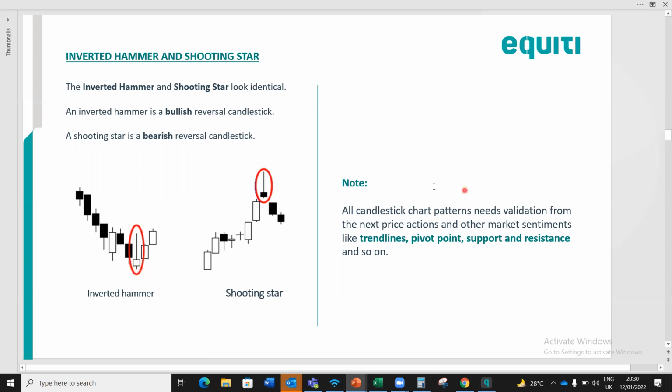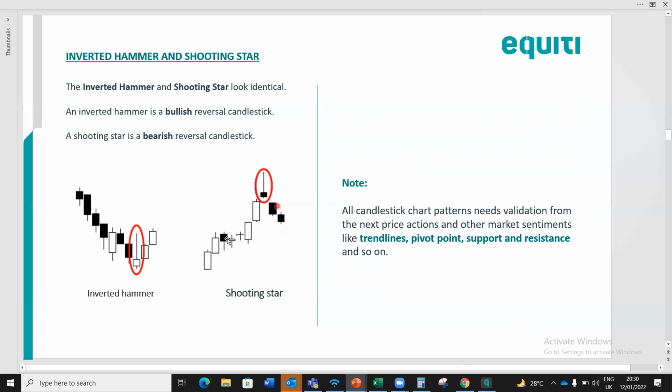Okay, now, note that all candlestick chart patterns need validation from the next price action and other market sentiments, all right, like trend lines, pivot points, support and resistance, and so on.